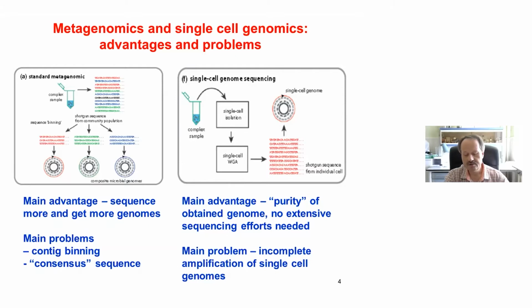Both approaches have their advantages and disadvantages. In the case of metagenomics, the main advantage is scalability. You can sequence more and you will get more and more genomes. And you will be able to get even minor community members. The problem is in contig binning, I mean misbinning. It's problematic if you have related but different species.